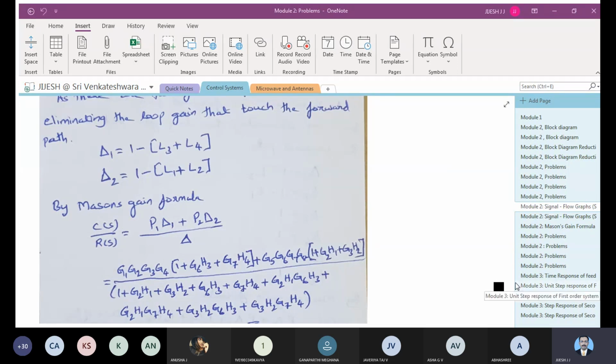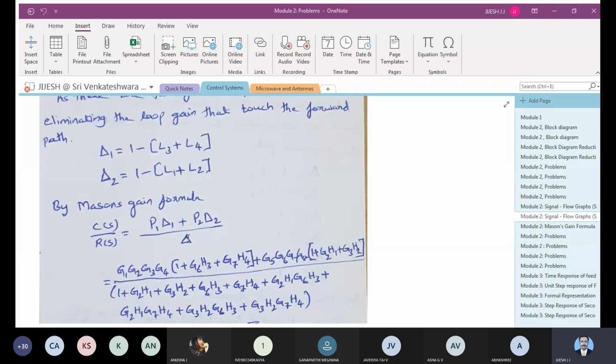Moving on to loops, we have also seen what a loop is. If you see here, this forms a loop, where if you start from here, it should end in the same node. Then you can call that a loop. A self loop was also there in the previous example.